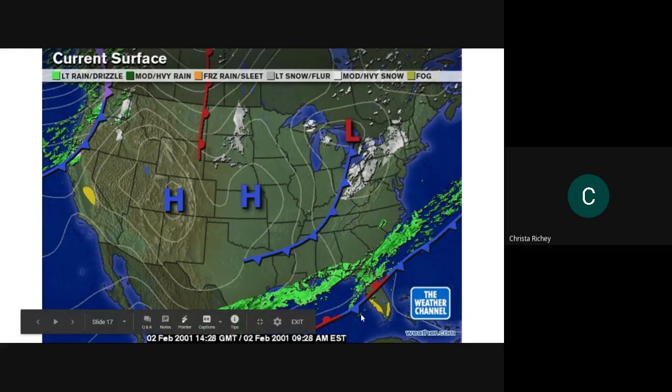This one down here is stationary, and the one up here on the left, which is hard to see, is occluded, and you do have one warm front here.